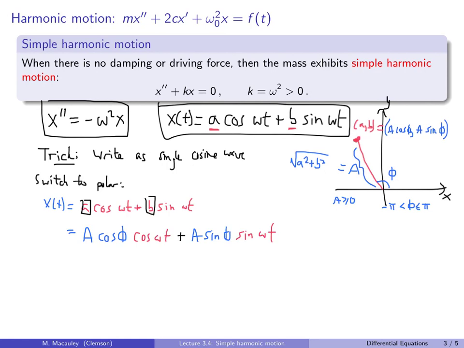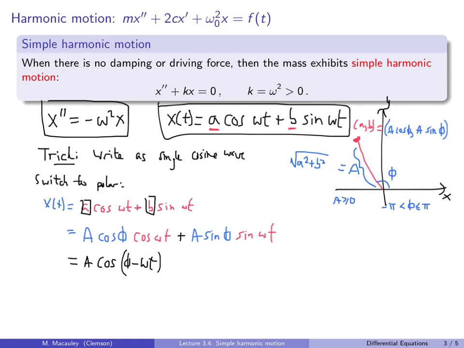This is something that I don't expect anyone to have memorized. I certainly don't have it memorized. But I'm going to write this as A cosine of phi minus omega t.